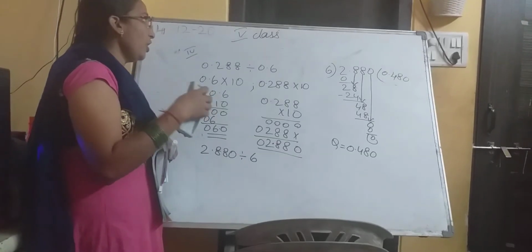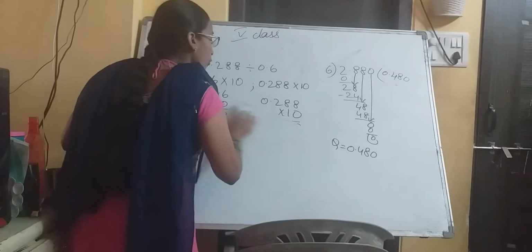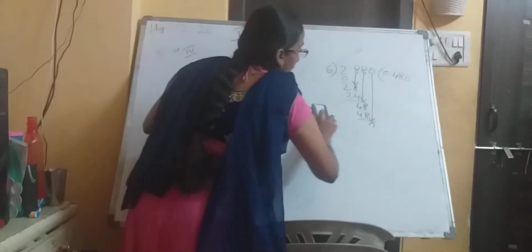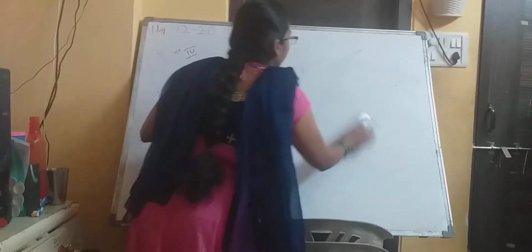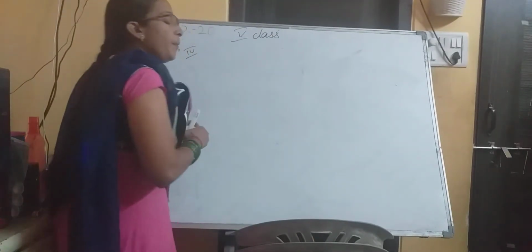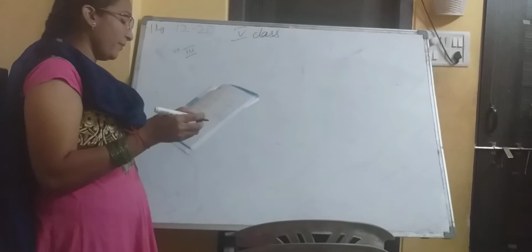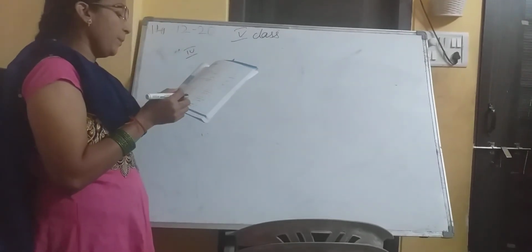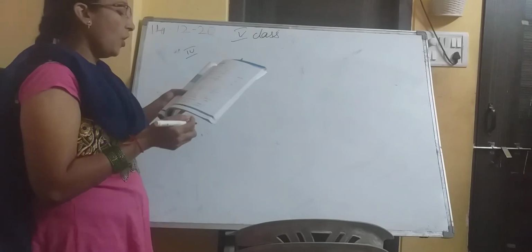Now you finished, no? Now I'll show one more problem. We'll do 3 problems in this bit, children. If you have 2 points after the decimal, you are going to multiply with 100. Here all the numbers are with 1 point only, children. So all you are going to multiply with 10, then you are going to divide.